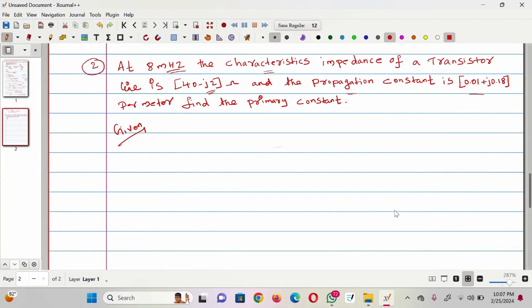Given data: the frequency is given, f equal to 8 into 10 to the power of 6 hertz, that means 8 megahertz. The characteristic impedance, Z0, is given as 40 minus j2 ohms, in rectangular format.